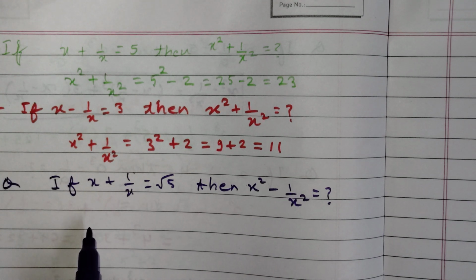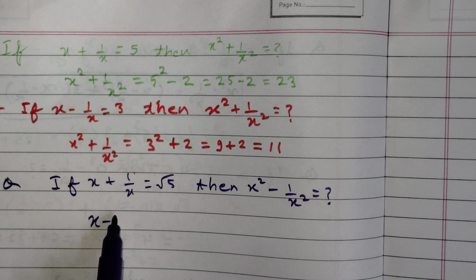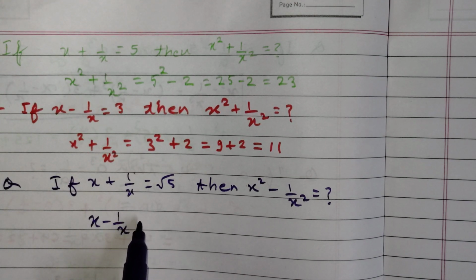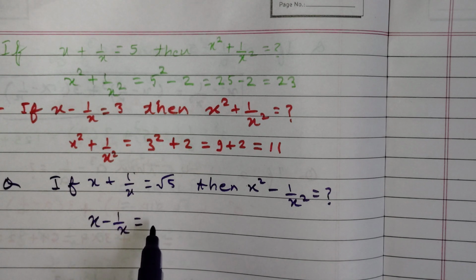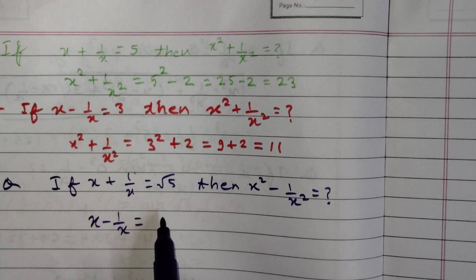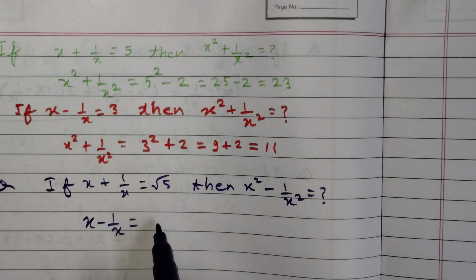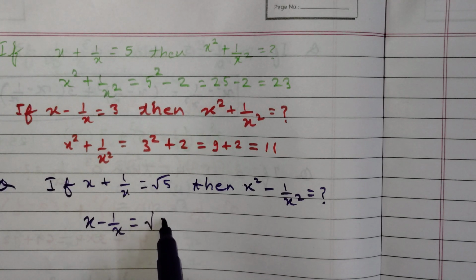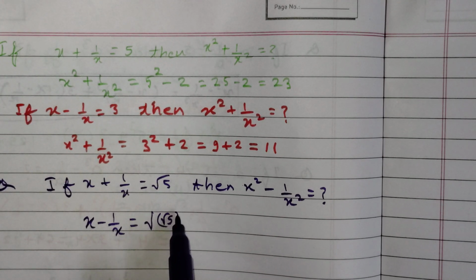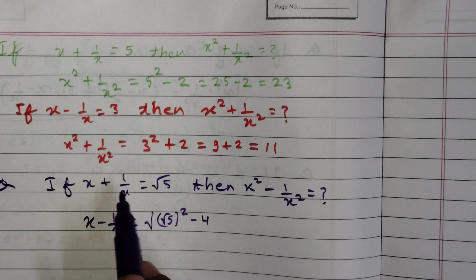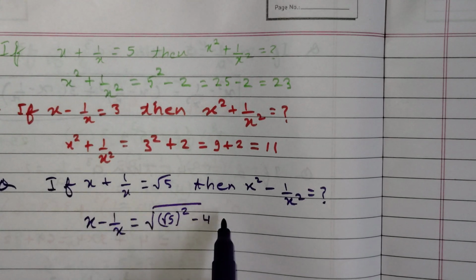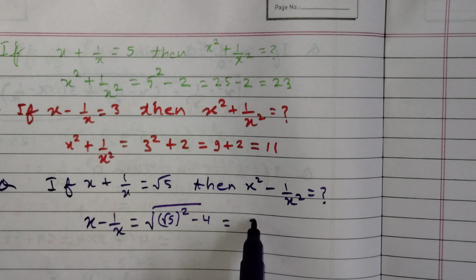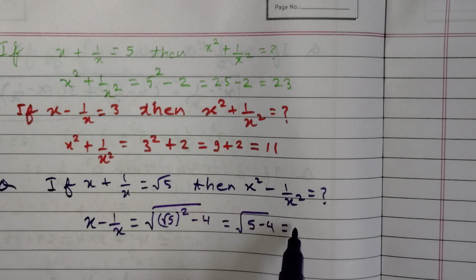So we find x minus 1 upon x first. X minus 1 upon x, its value is square root of 5 square minus 4, opposite to this sign. So 5 square is 5 minus 4. Square root of 5 minus 4 means square root 1. It is equal to 1.